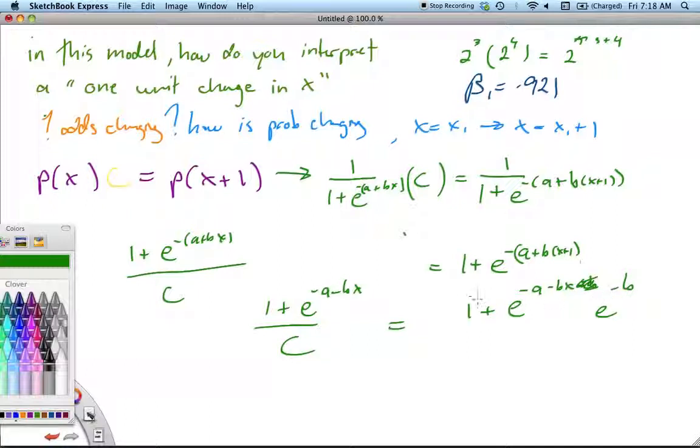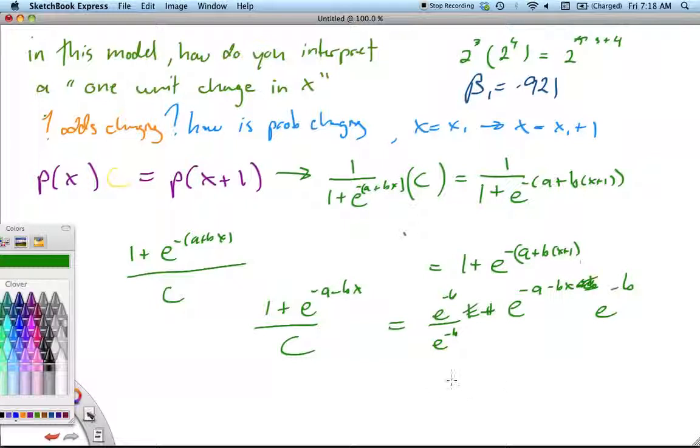And now, if I replace 1 with e to the negative b over e to the negative b, what could I do?